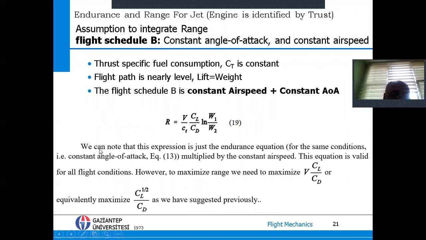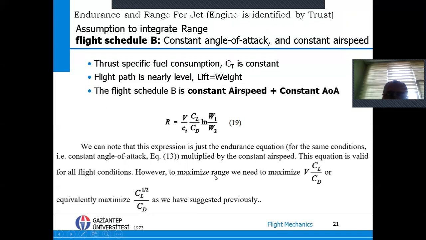And now this is the conclusion of this note. We can note that this expression is just the endurance equation for the same condition, constant angle of attack, in the previous equation, or equation 13, multiplied by the constant airspeed. This equation actually is valid for all flight conditions.